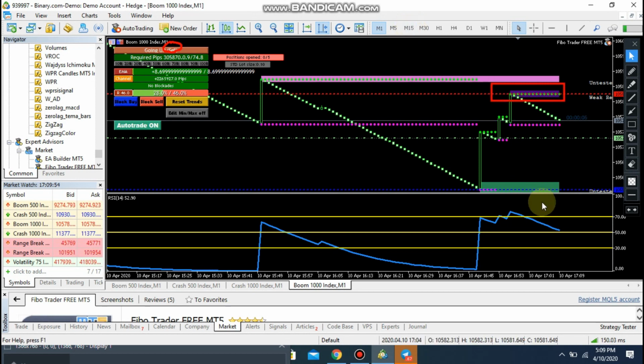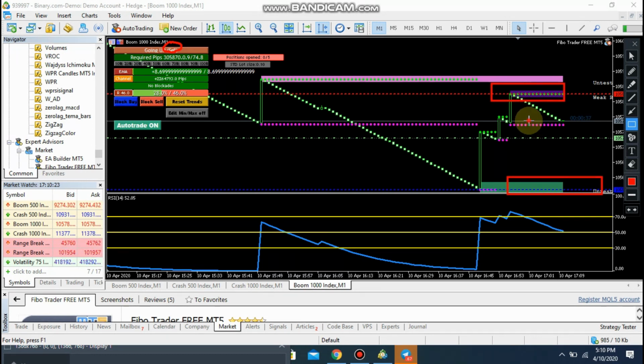If the trend is a downtrend on Boom, this blue line gives you support, and the red one gives you resistance. Whenever it spikes and gets to level 70, and you check the condition, you have to consider the support and resistance.